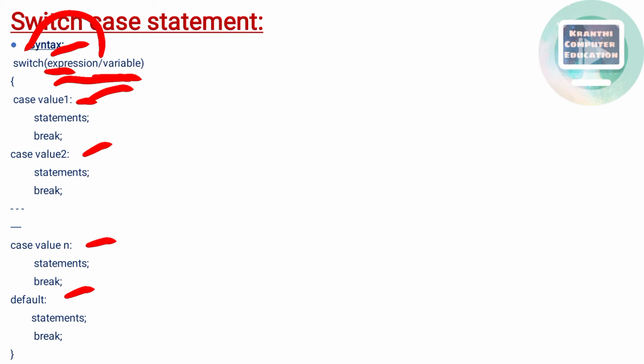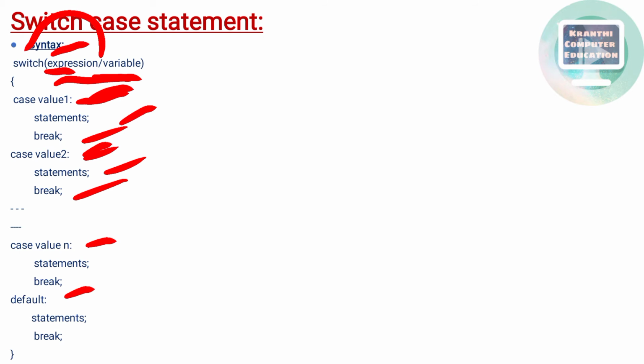If the value is 1, then the case value 1 block statements will be executed. Otherwise, if the value of the switch is 2, it is going to compare with all the case values, and if the value is 2, then the case value 2 statements will be executed.